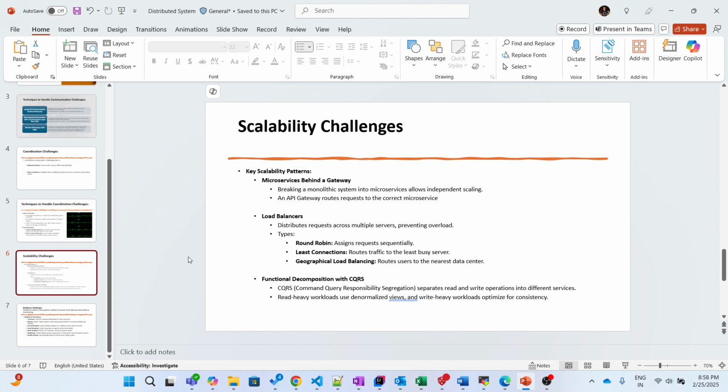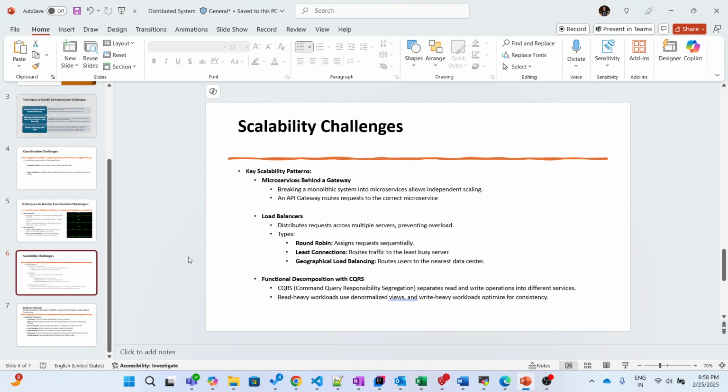And then another scalability pattern is functional decomposition with CQRS. CQRS is the Command Query Responsibility Segregation pattern, wherein it separates the read and write operations into different services. Read-heavy workloads use denormalized views to serve the read requests, and write-heavy workloads are optimized for consistency.